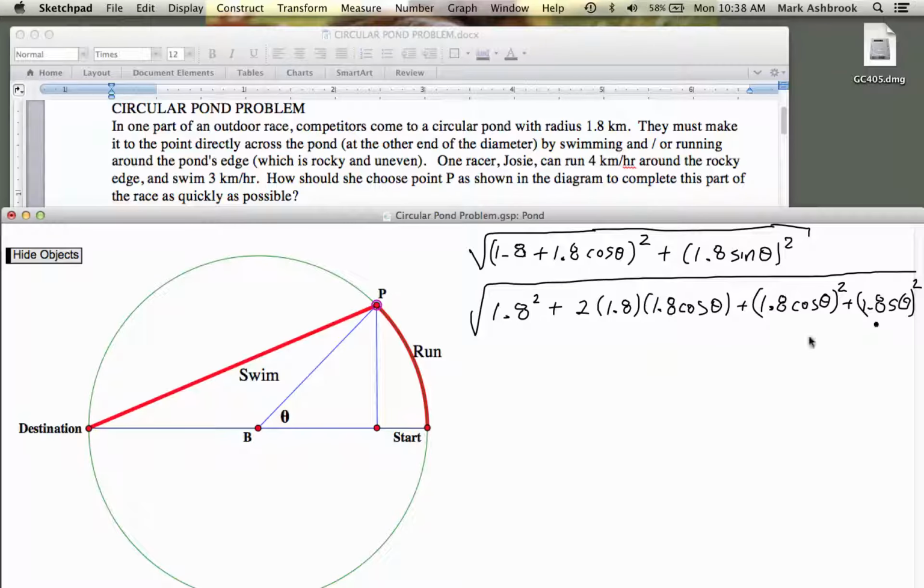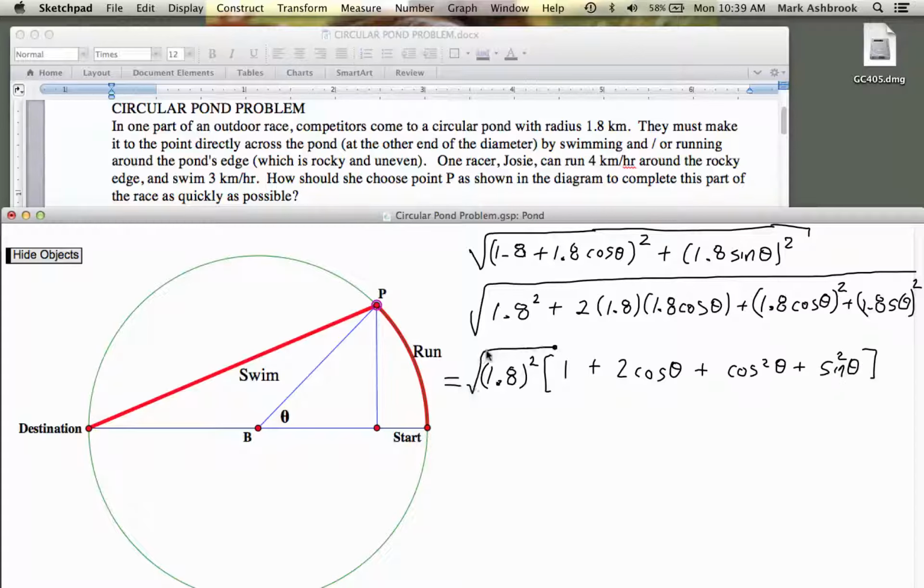Okay, and what we notice here is there's a 1.8 squared in every single term. So that can be factored out, and then, well, let's do that. 1.8 squared, and then I'll have 1 plus 2 cosine theta plus cosine squared theta plus sine squared theta.